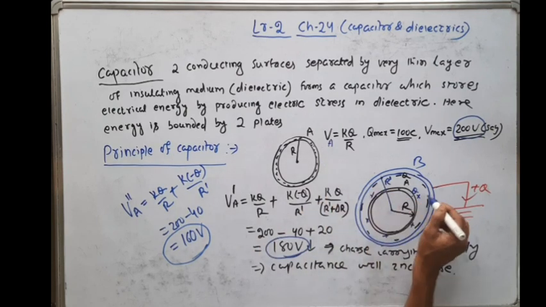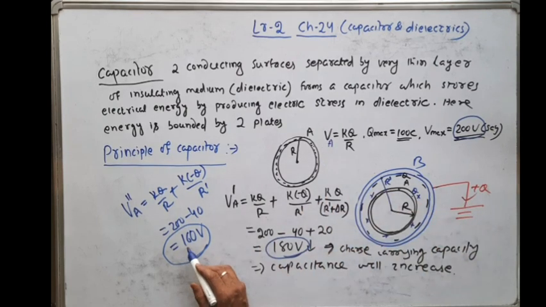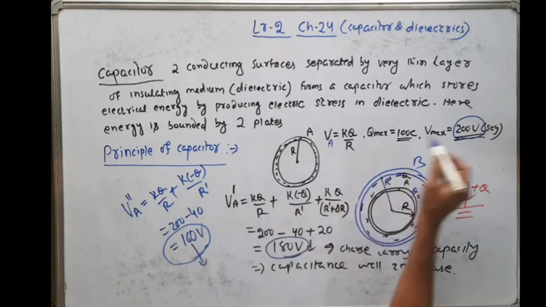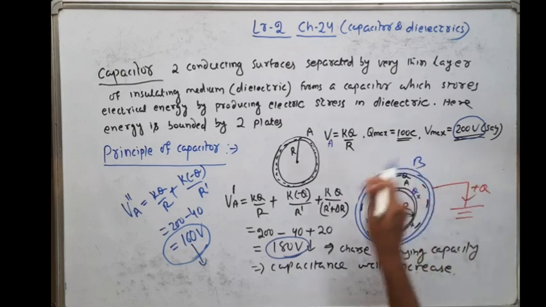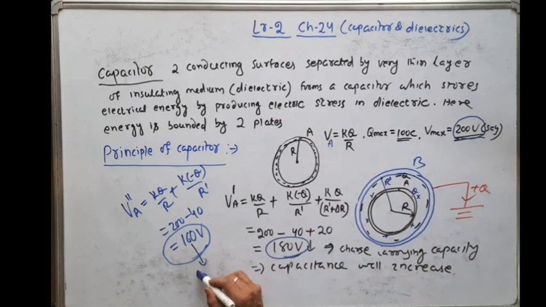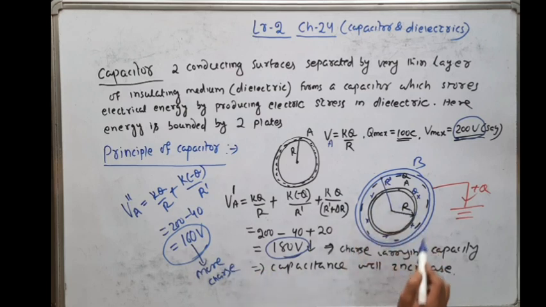Now if we connect the earth, the potential again decreases from 180 to 160. So we can increase this potential from 160 to a maximum of 200. In that way we can add more charge, more than in the second case.